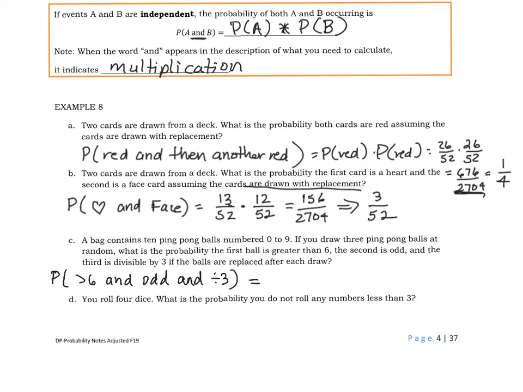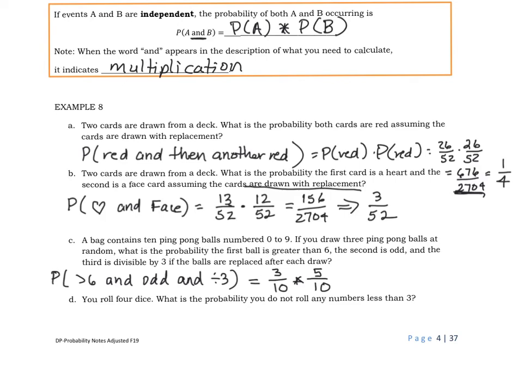So greater than 6, that's 7, 8, 9, so that's 3 favorable out of 10 total, and odd, so that's 1, 3, 5, 7, 9, that's 5 favorable outcomes out of 10. And then is divisible by 3.